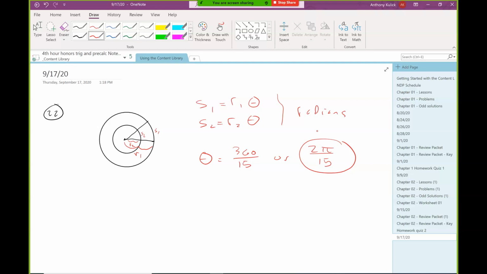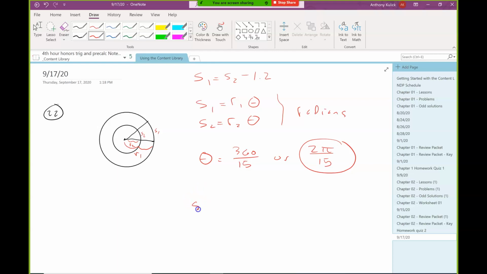And it says then that the inside car travels 1.2 centimeters less than the outside car. So I can say that S1 is equal to S2 minus 1.2. And we're asking how much bigger is the one radius than the other. Okay. So we have that.